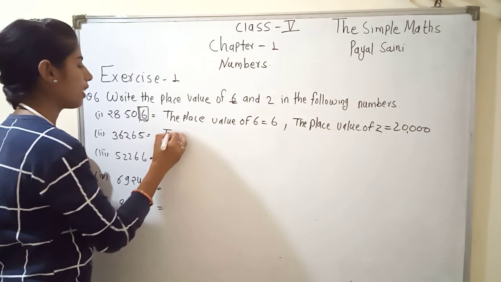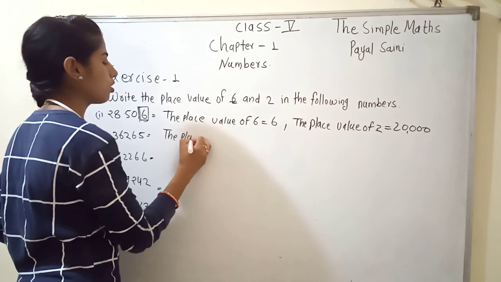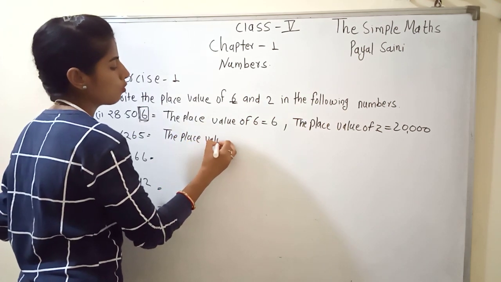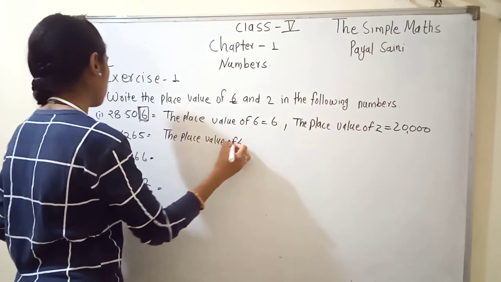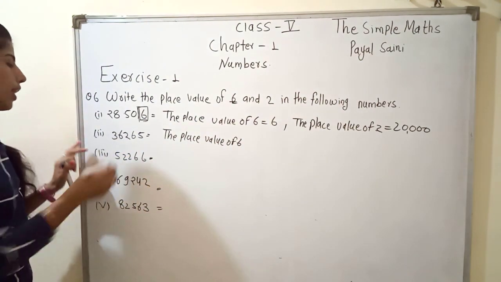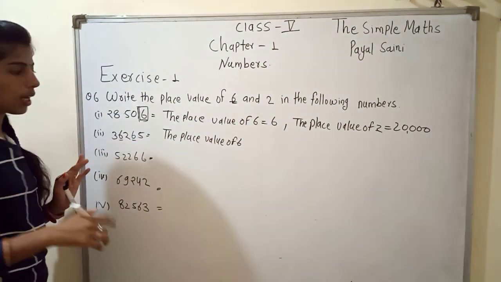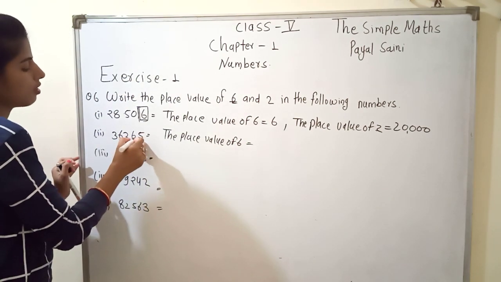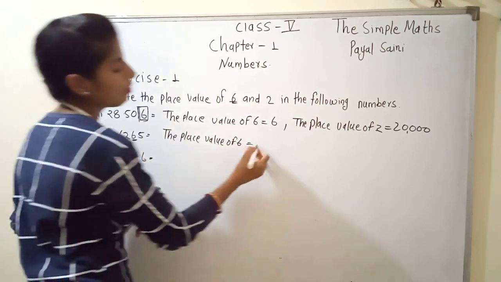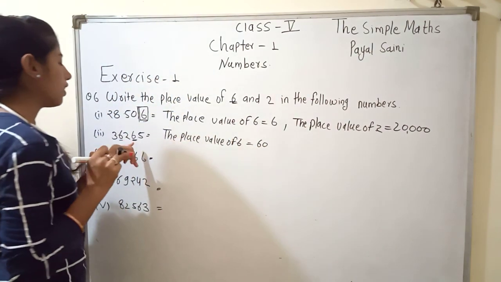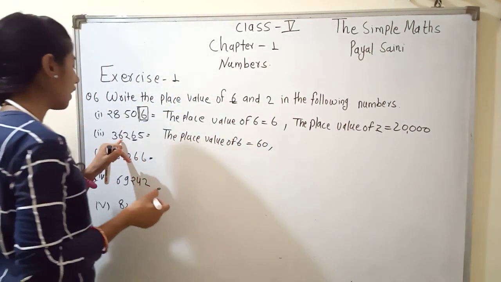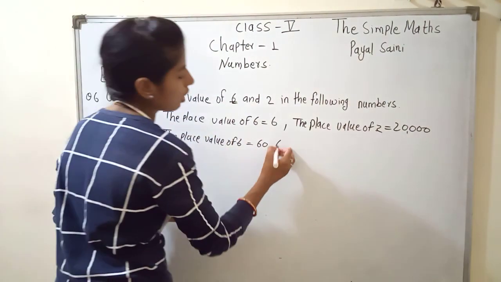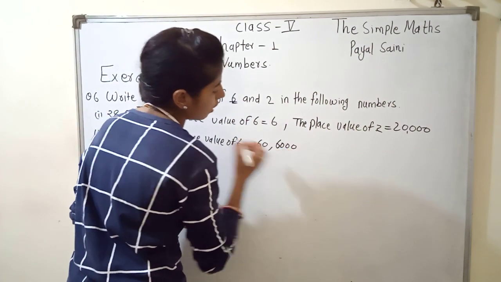Then next, in the second question, the place value of 6. You can see 6 is coming 2 times, so we write both place values of 6. The first 6 sits in the 10's place, and the second 6 sits in the 1000's place, so its value is 6,000.